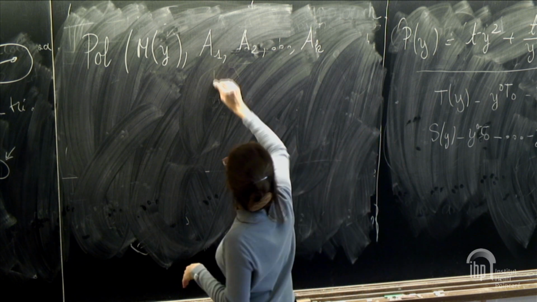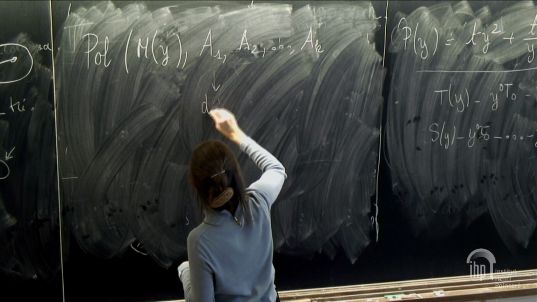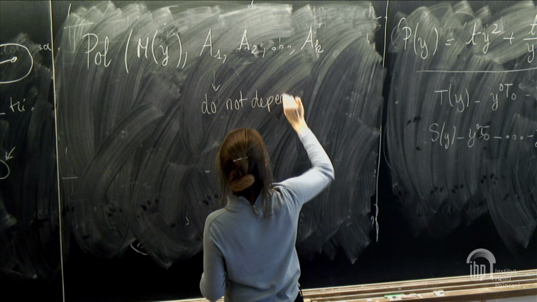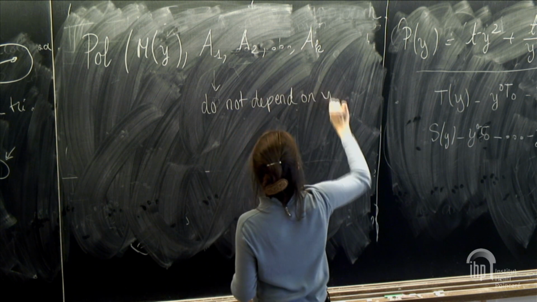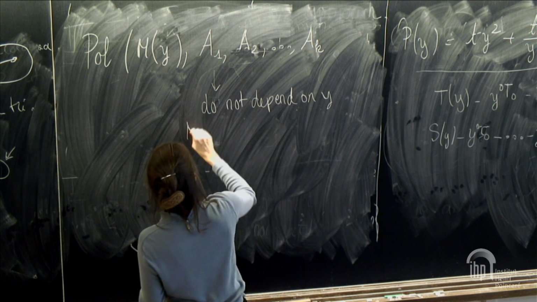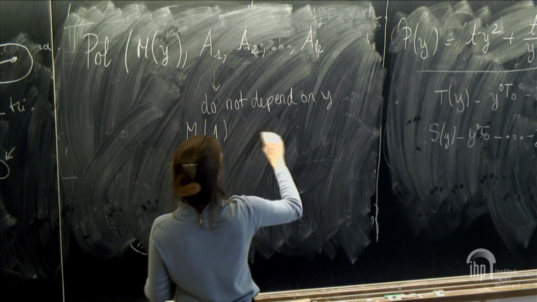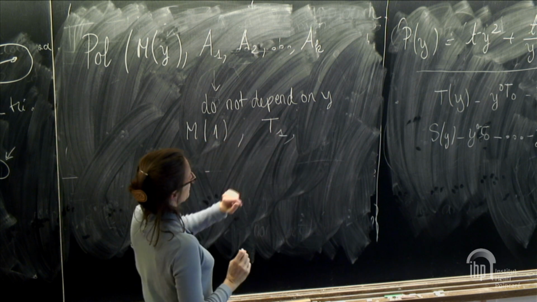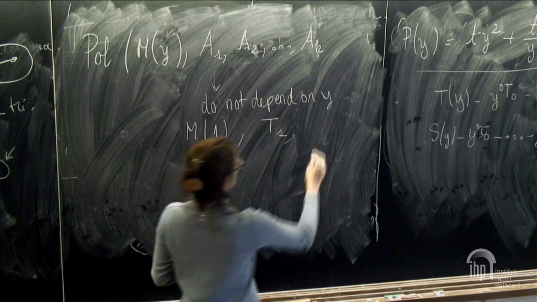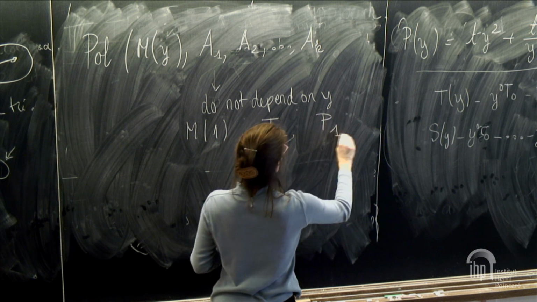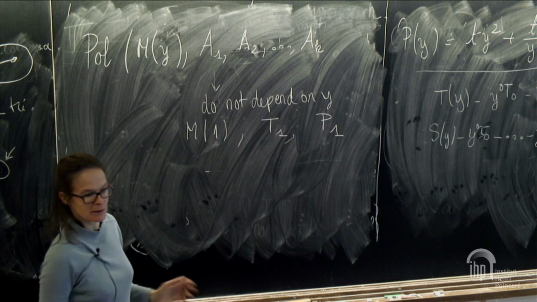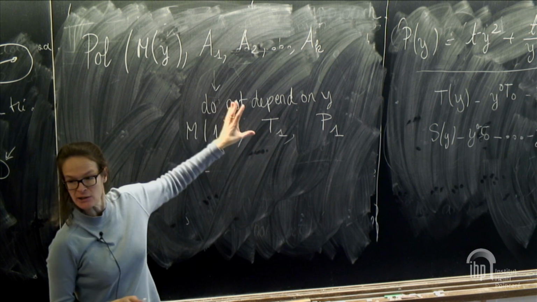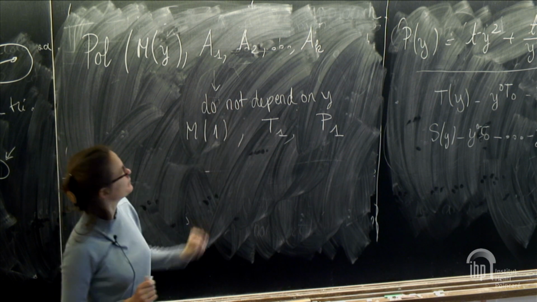So in some examples, that's the important thing, we had M of 1, or we had the coefficient T1 of triangulations with outer degree 1, or similarly, for triangulations of polygons, we had P1, and so on. And so their main property is that they just depend on a size variable.